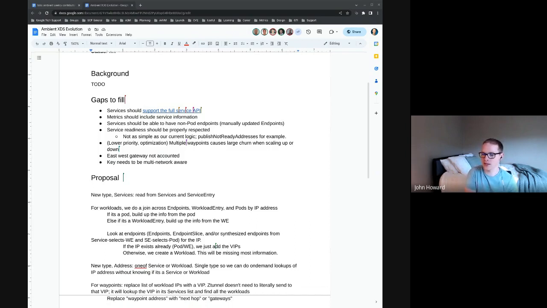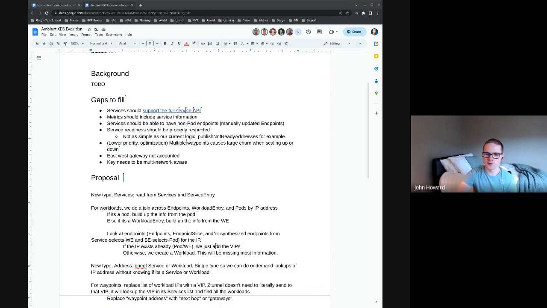I'll update it with a proper proto with a diff of what we have, but the general idea is we would add a new type that's a service, and this service would today contain just the name, namespace, and host name of the service, so we can fulfill the metrics requirement.